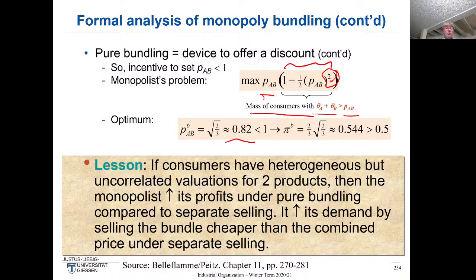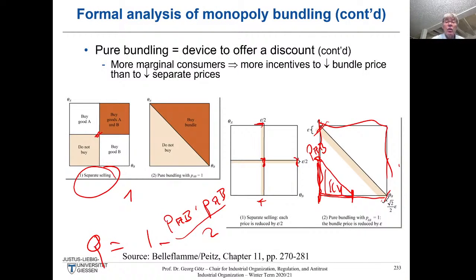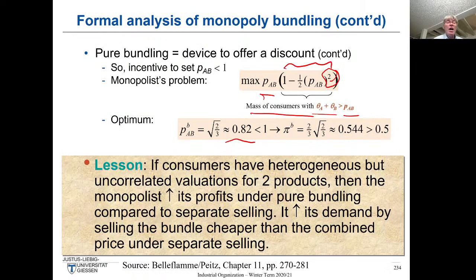Okay? And that's a nice thing which Martin and Paul illustrate by means of these shaded areas. If you sell a bundle, you have an incentive to reduce your price below the monopoly price if you sell them separately. And what does it mean in terms of profit? Your profit increases.